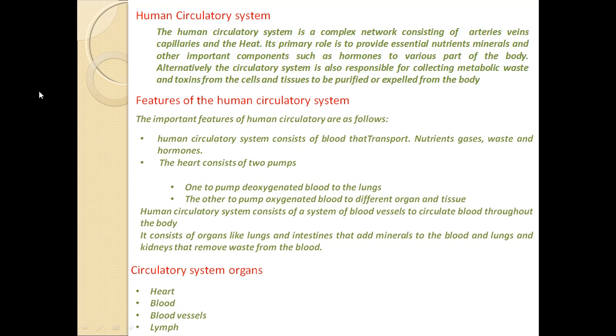Organs in the circulatory system we have here: heart, blood vessels and lymph. Heart is the major circulatory system organ, then blood vessels and the lymph.